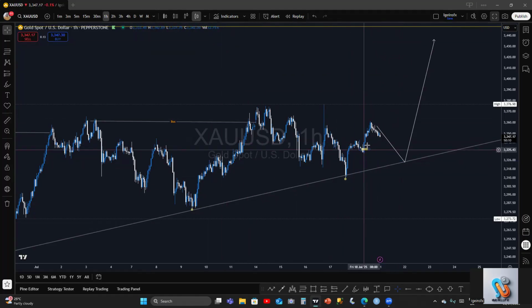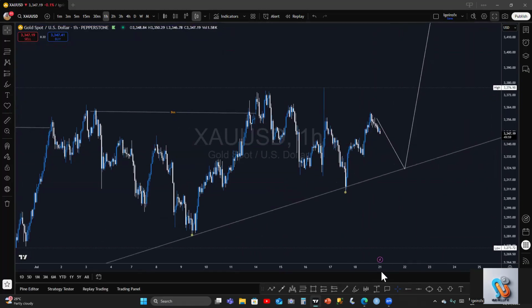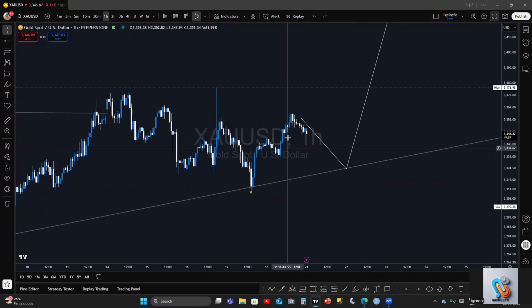All right, because of this little FVG seated here, it's most likely that price will pull back up to this point.